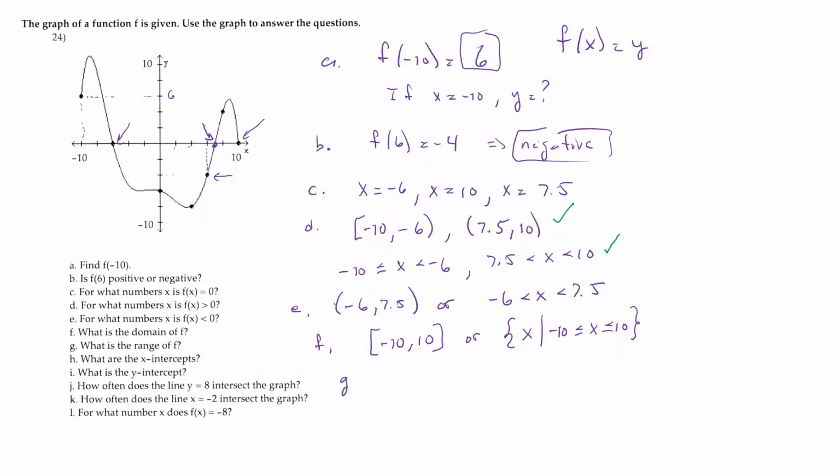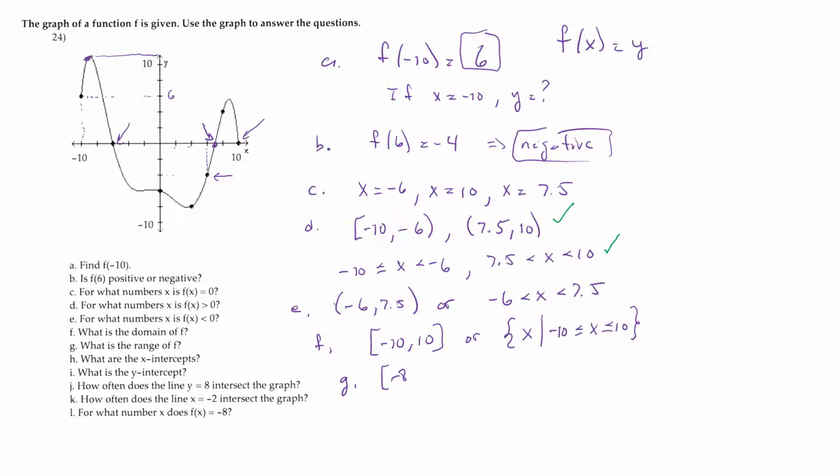What is the range? The y coordinates go from a low of negative 8, and the highest y coordinate is kind of hard to see actually. Here's the highest y coordinate up here, and it looks like that might be like 11. If this were on a test, it would need a little more clarification.